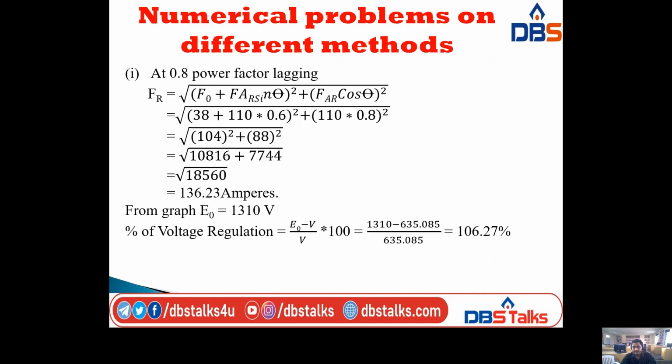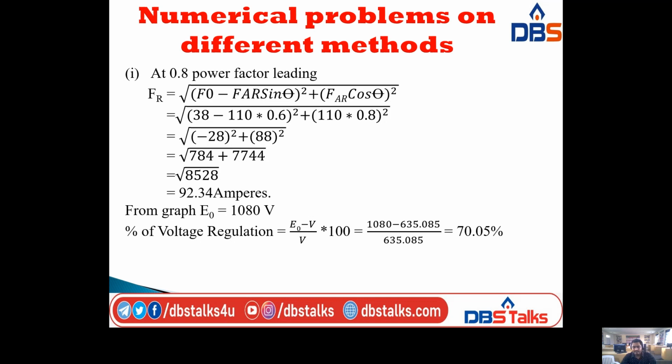Okay. So here I am taking the resultant field current, that is 92.34 amperes, and from the graph we note the E naught value as 1080 volts. Using this value we calculate the percentage of voltage regulation, that is E naught minus V by V into 100.